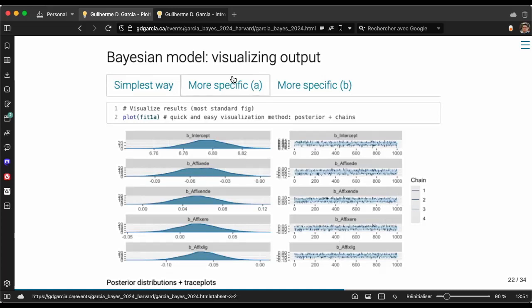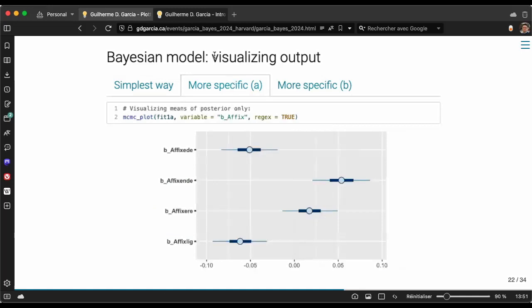Now we can get a little more specific with a function called mcmc_plot. Maybe you've used it, right? So the default, I think, is this, which is the point estimate with, I think, a 50% highest density interval and then 90% or 95% or so.